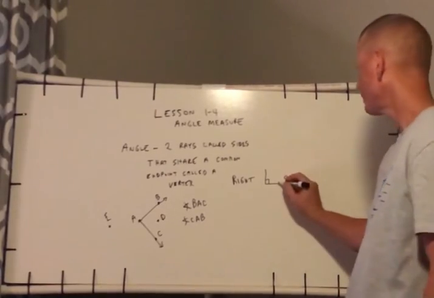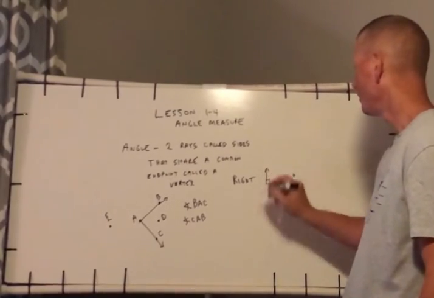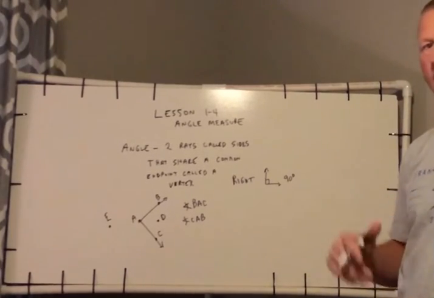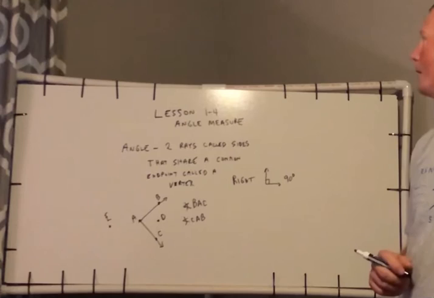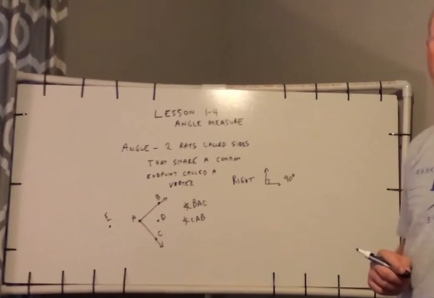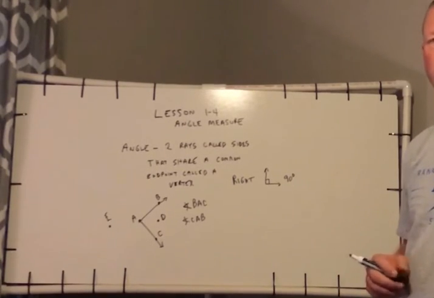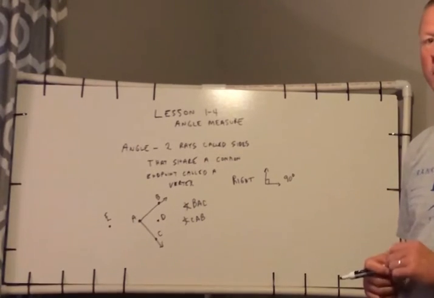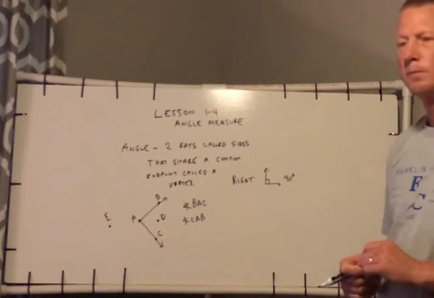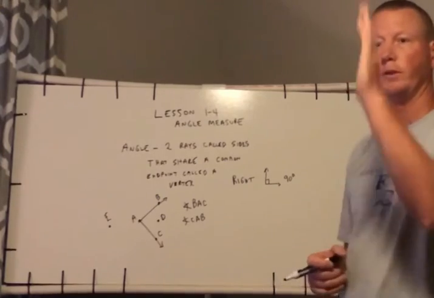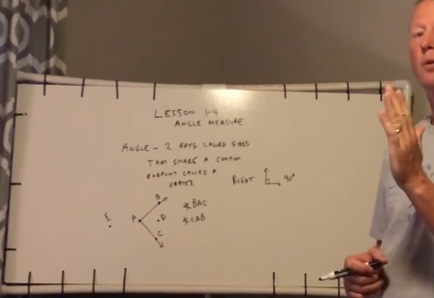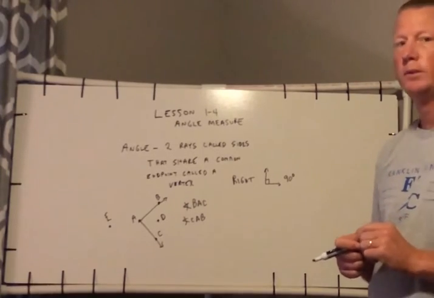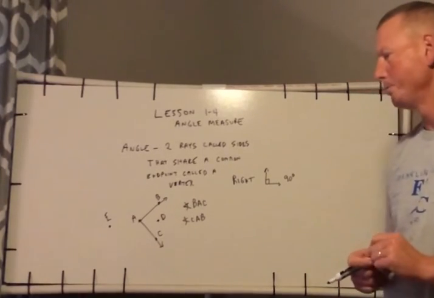Again, a lot of times if we're talking about a right angle, we put a little box in the corner that indicates that it's a right angle. You get a lot of real life examples of a right angle. The corner of a room could be a right angle. Most houses, think about the wall and the floor, that makes a right angle. So a lot of examples there.